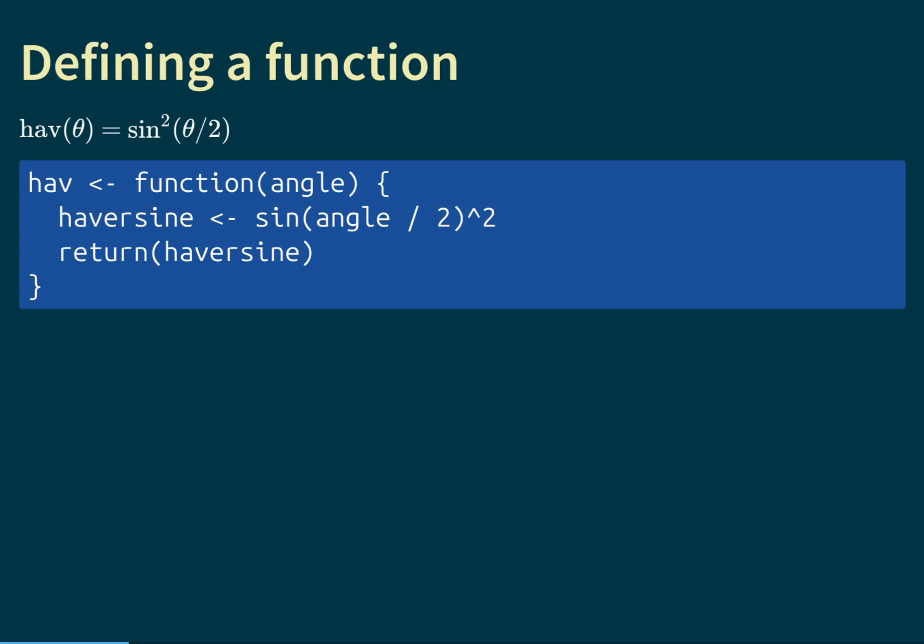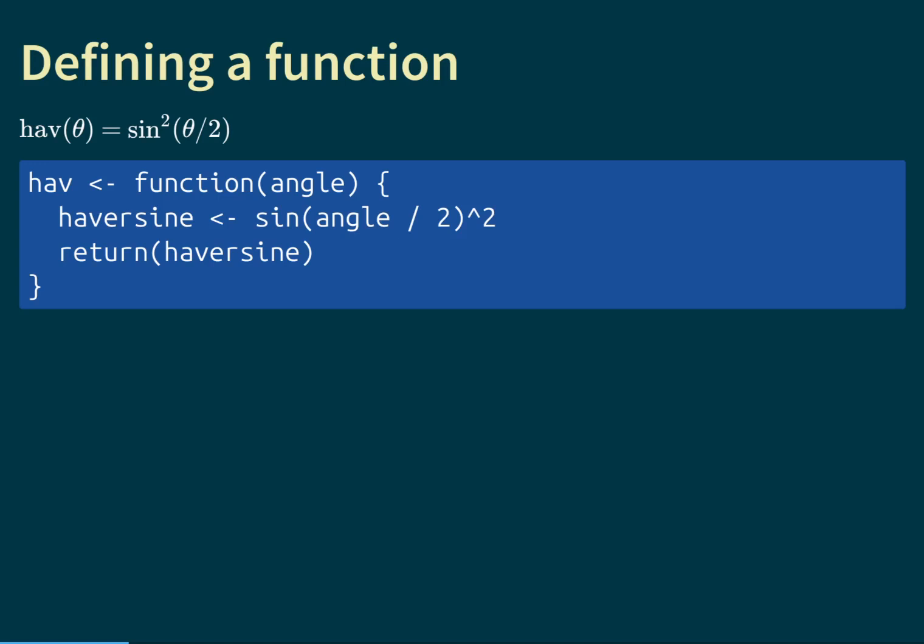So we designate the argument of the function, which is the angle, just by calling it angle. It can be any name that is syntactically valid. You remember those naming rules. Variables can consist of letters, numbers, the period, and the underscore, and they must start with a letter. So angle is a perfectly fine name.